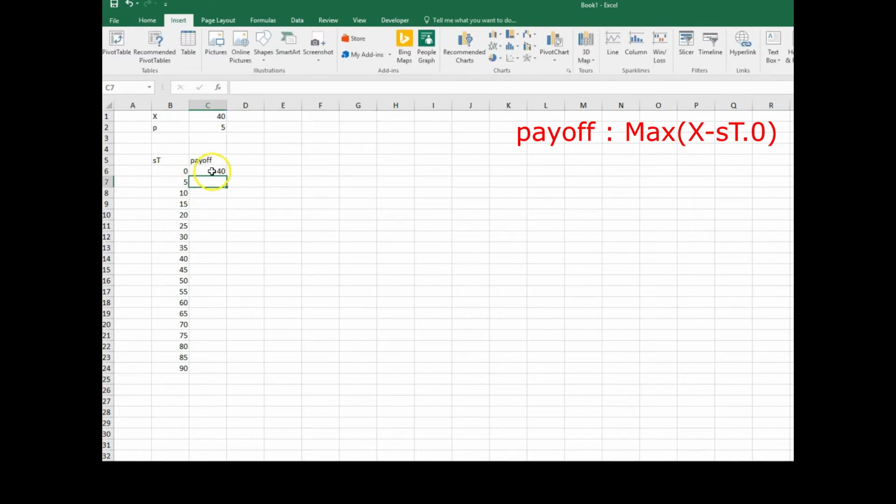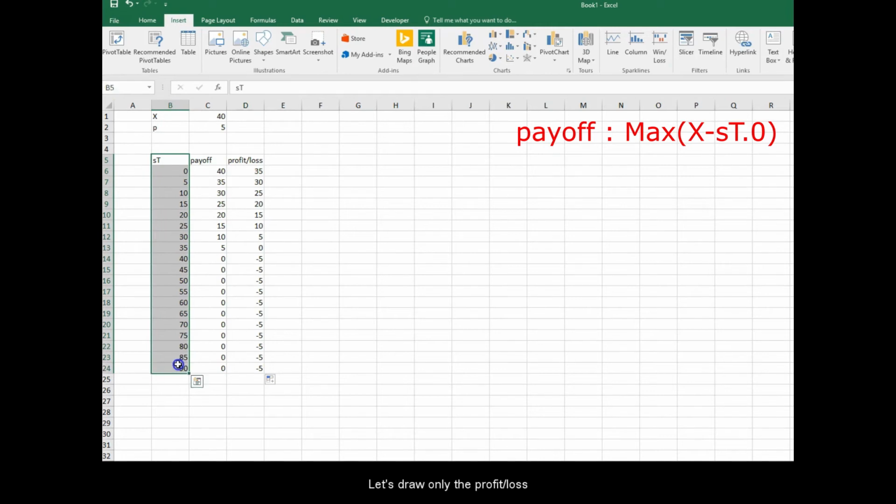It's 40. Before we copy and paste, we have to lock the exercise price. Hit F4. Then let's do profit loss. The profit loss is simply payoff minus the cost, P. Hit F4, lock it.